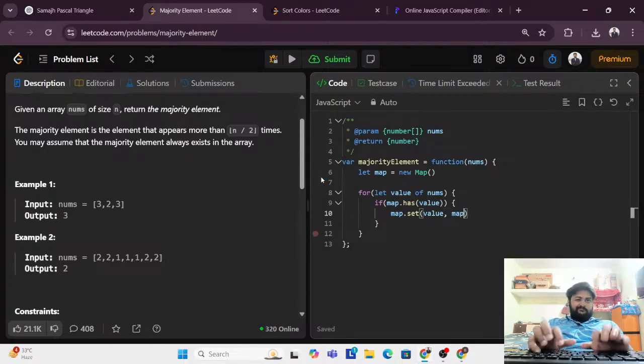So map dot get value, value plus 1, right?